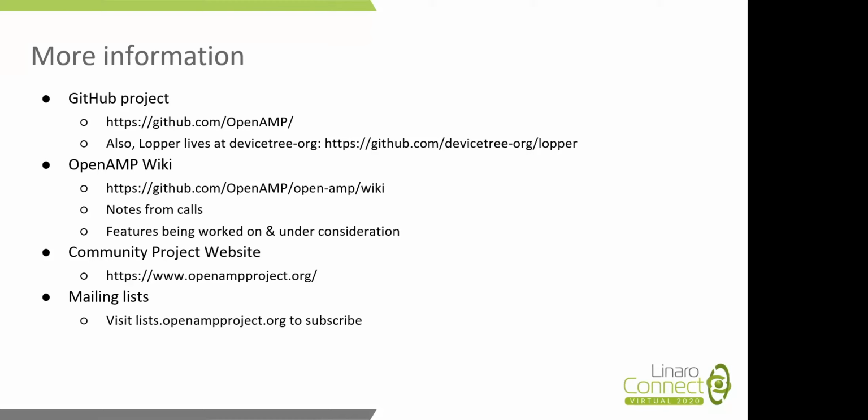The main lib OpenAMP is doing a lot of work to try to minimize the memory footprint differences between lib OpenAMP and rpmsg Lite. But they will probably both coexist as alternative implementations, at least for a while. Did that address the question properly? Yeah, I think so. Thank you.